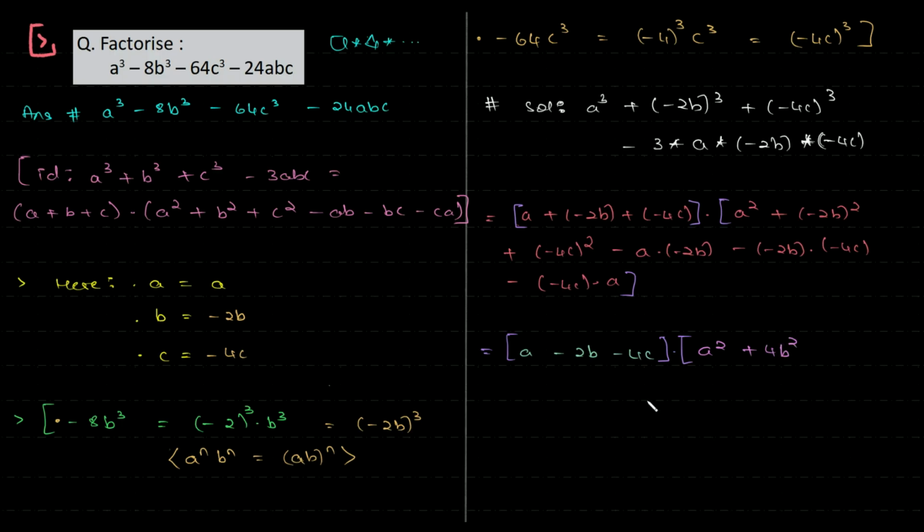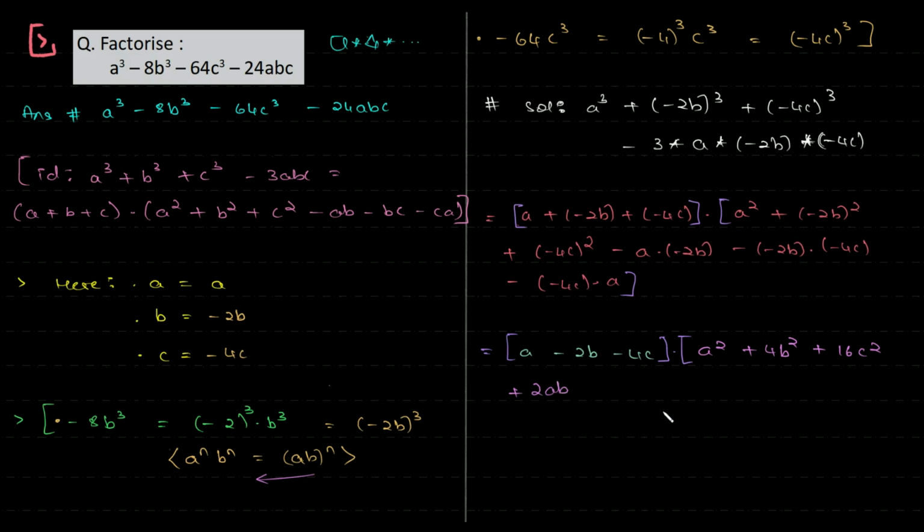Using what identity? Using this identity, but in the reverse order. This again is positive. 4c the whole square is 16c square. Negative of negative is positive. 2 into, well, 1 is there over here, so 2 itself, then the variables ab.